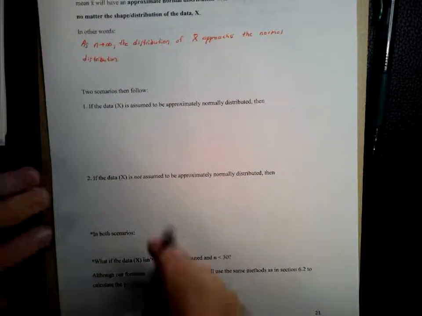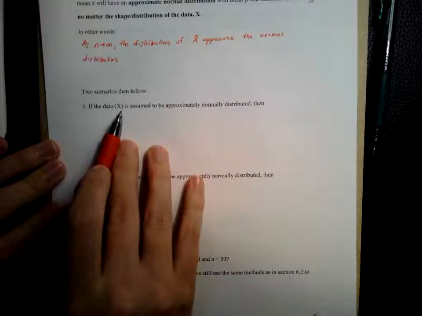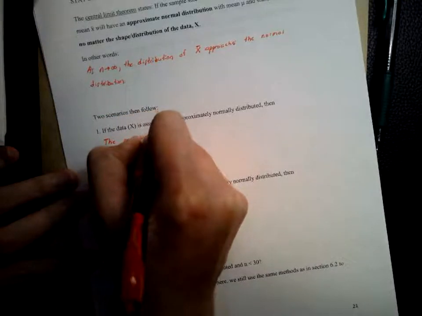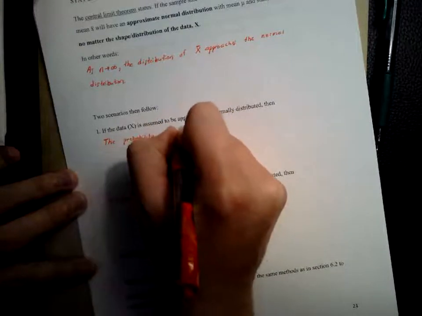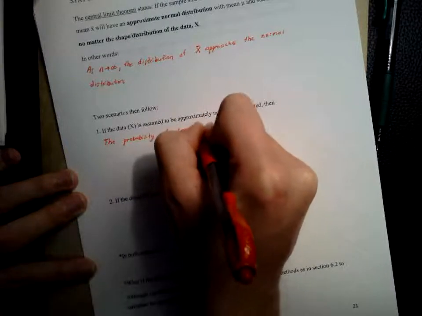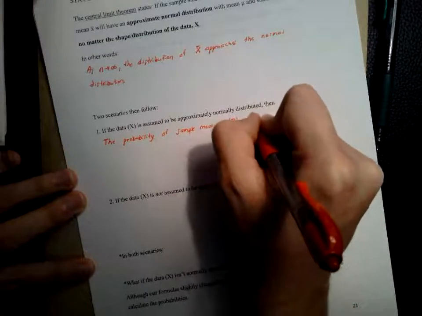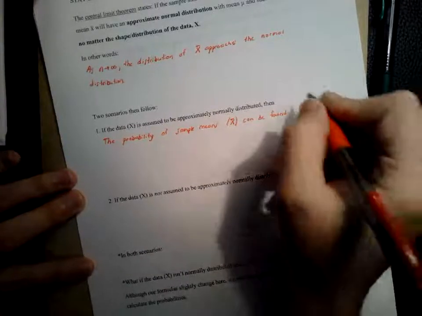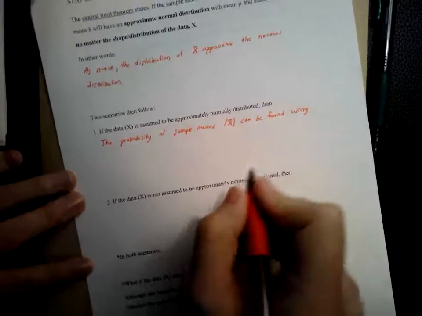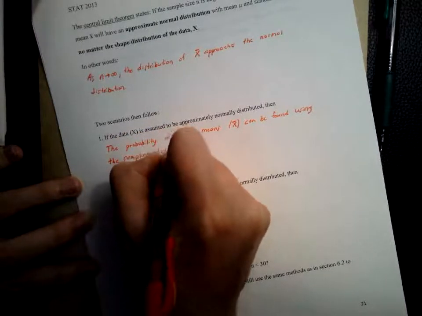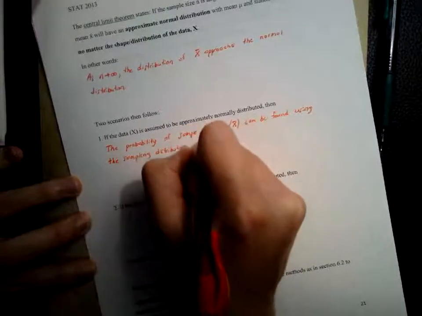Now we're going to look at two scenarios. First one, if the data values X, the random variable we're looking at, are assumed to be approximately normally distributed, then the probability of the sample means X bar can be found using the sampling distribution of the sample means.